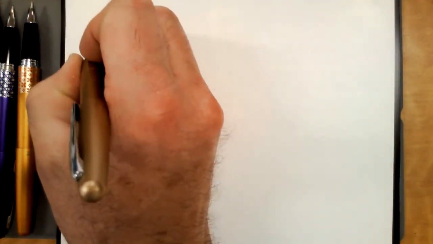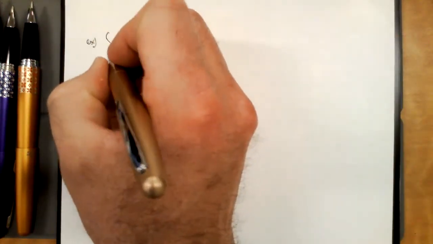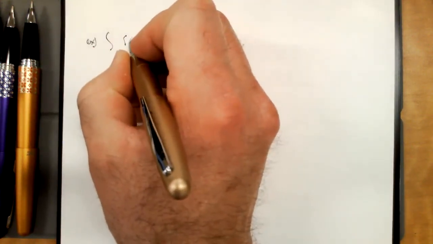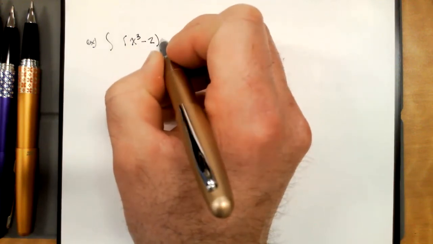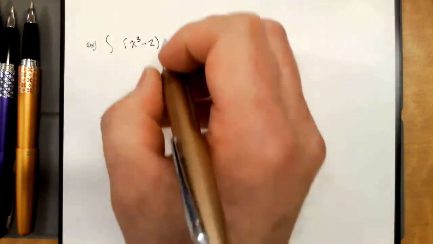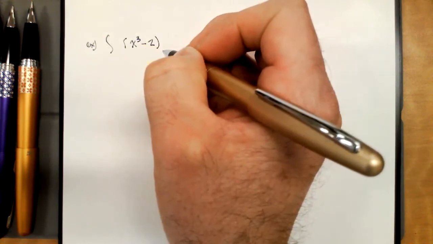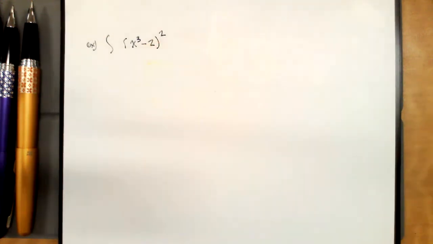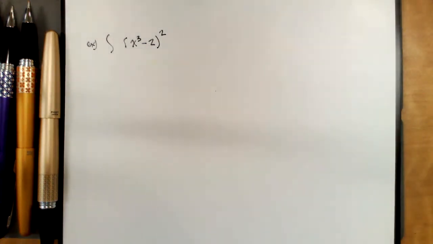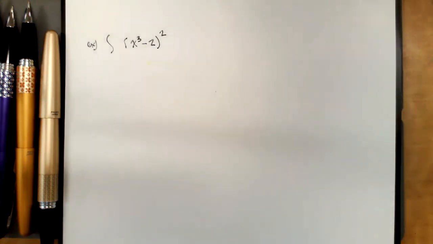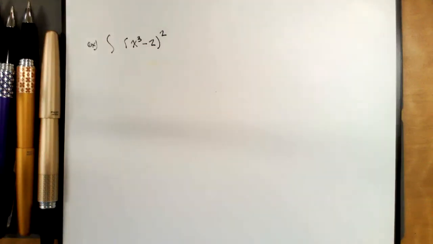But for example, I want x cubed minus 2. I started thinking about the 2, and the 2 manifested itself as a term. I did not want that term.